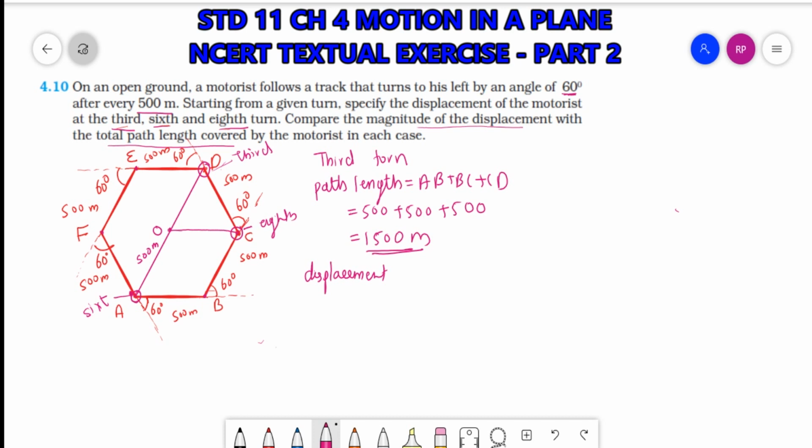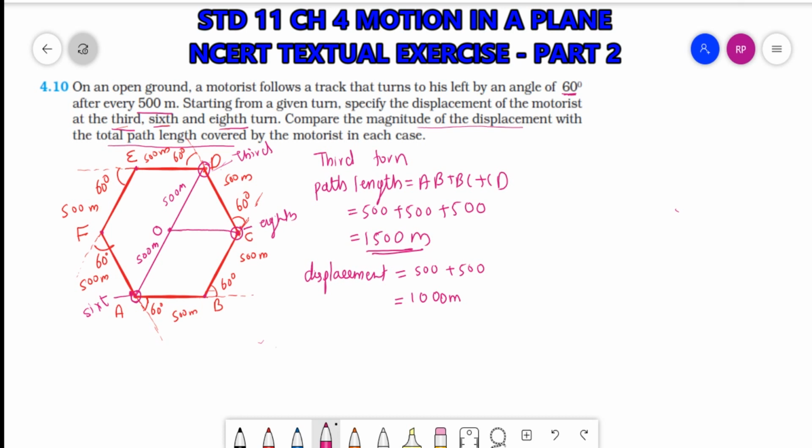Okay, clear? And if I take triangle DOC, then it will be an equilateral triangle. This angle will be 60, this will be 60, so this will also be 500 meter. So the total displacement will be equal to 500 plus 500, that will be equal to 1000 meter.